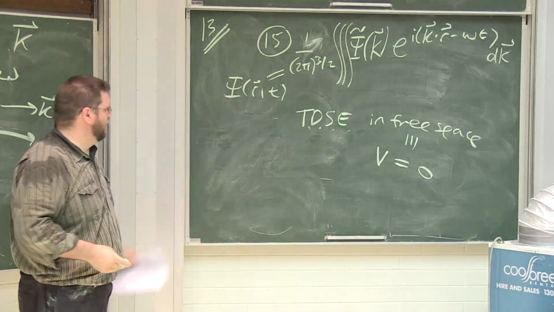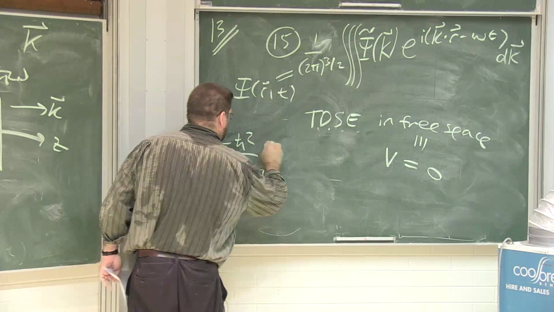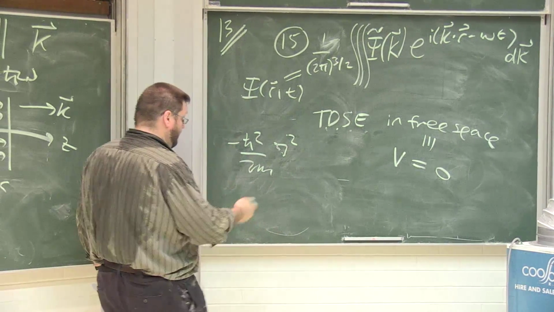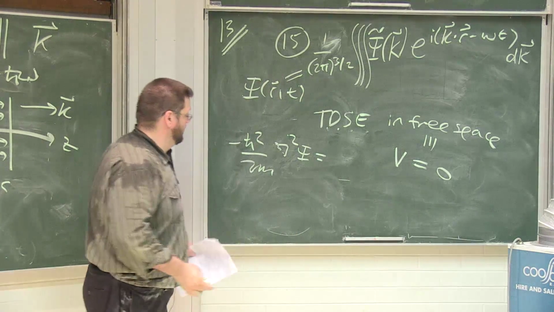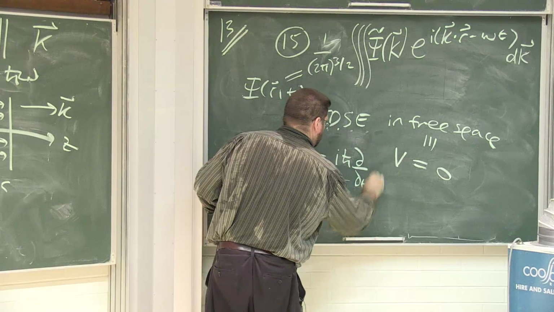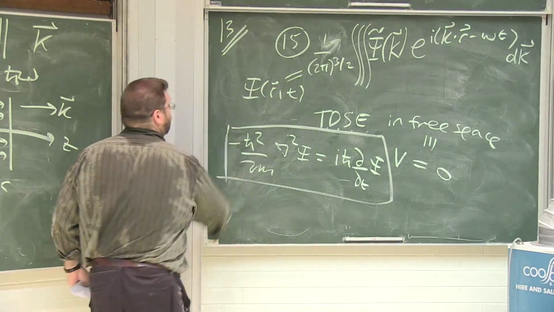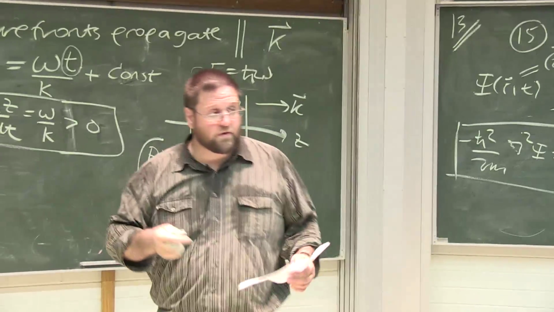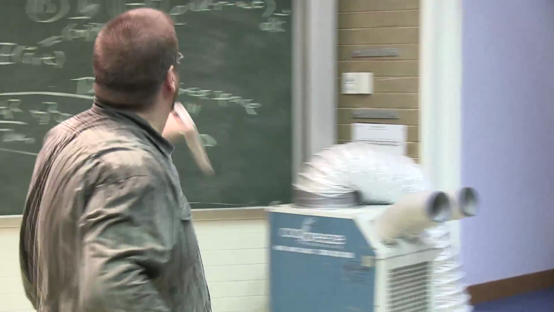So the time-dependent Schrodinger equation is minus h bar squared on 2m grad squared plus V, which is set to naught, all acting on psi, to give the energy given by i h bar d by dt. So we need to prove that this free space time-dependent Schrodinger equation is indeed obeyed by the sum of plane waves given in equation 15.